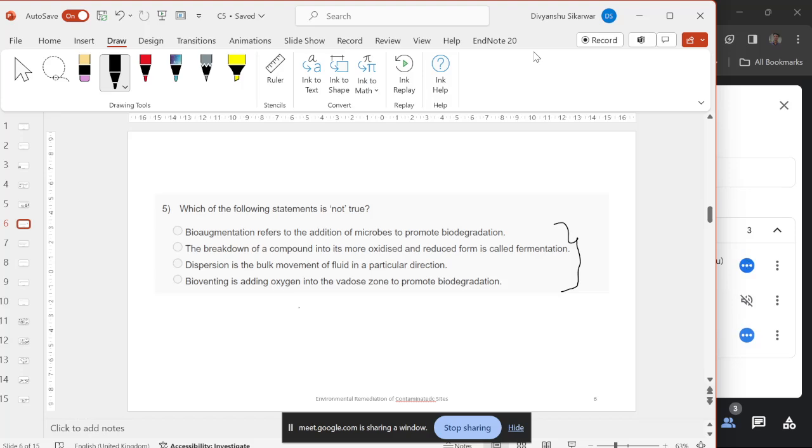Dispersion and bulk movement. Bioaugmentation refers to the addition of microscopic organisms for breakdown of compounds.